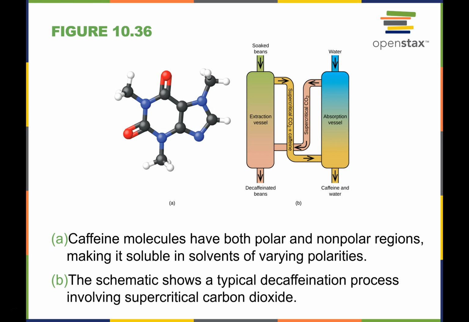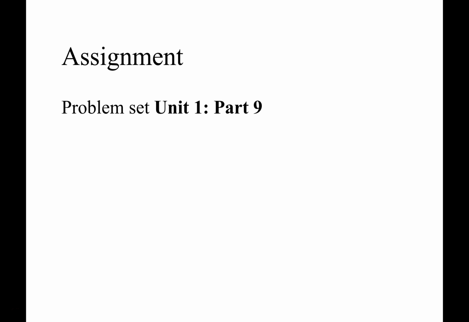The supercritical fluid is supplied from the bottom, and then the carbon dioxide and the caffeine are extracted through here. You get the caffeine out, and then you put the refreshed supercritical fluid back. And then your decaffeinated coffee beans come from the bottom. So, ta-da! That's it for today.